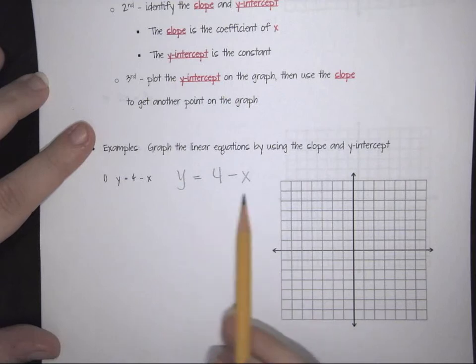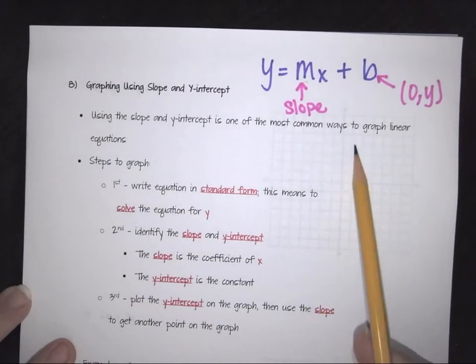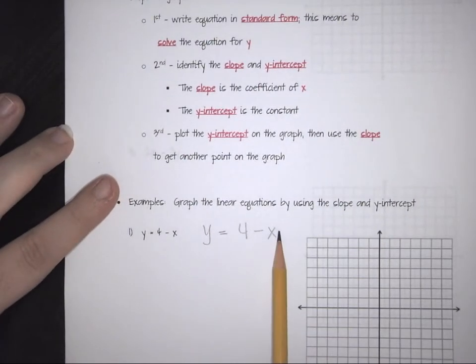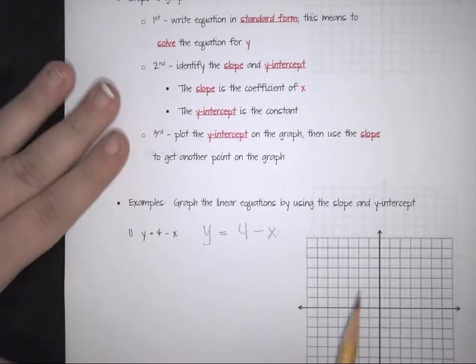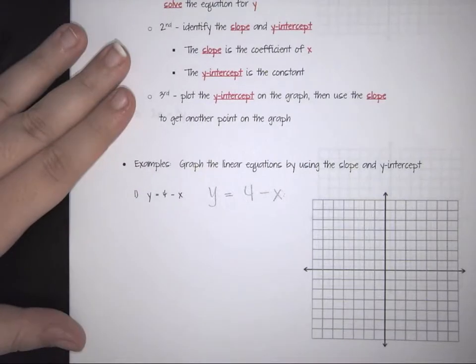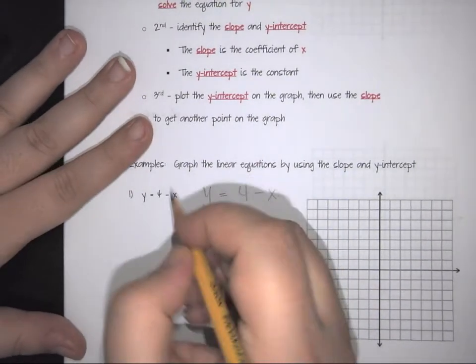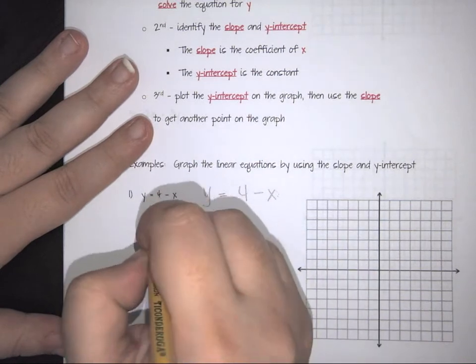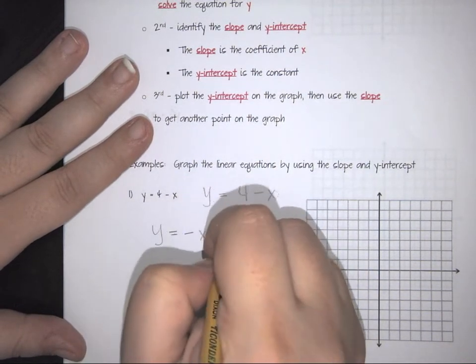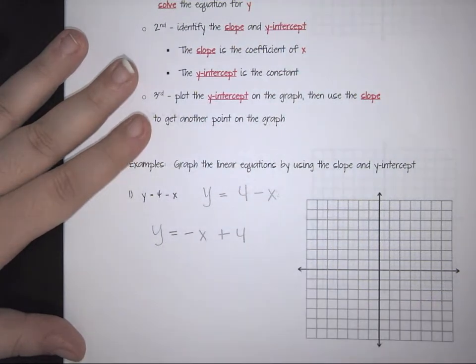Well, this almost resembles this up here, with one difference. My x is here on the back side. So one thing that you could do is rewrite your equation so that it resembles the form you want. Meaning, this is the same thing as saying y is equal to negative x plus 4.